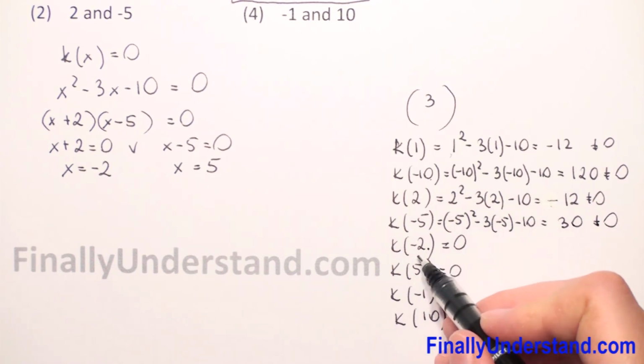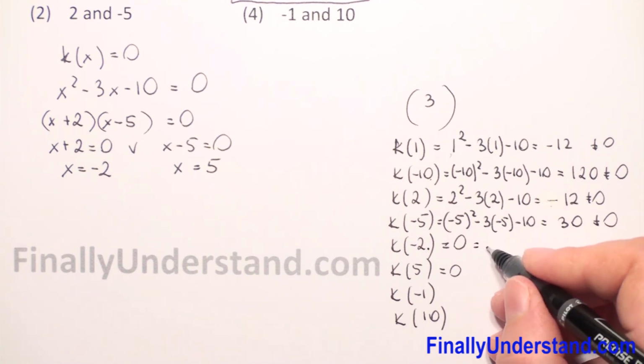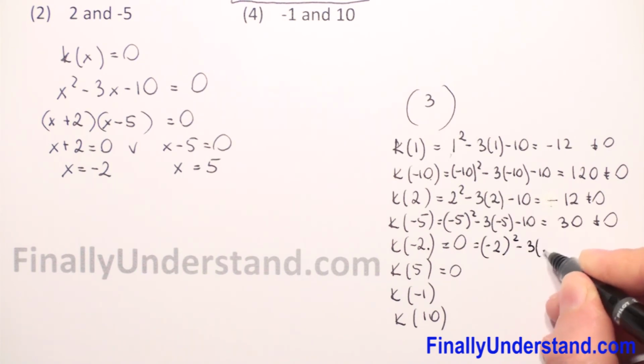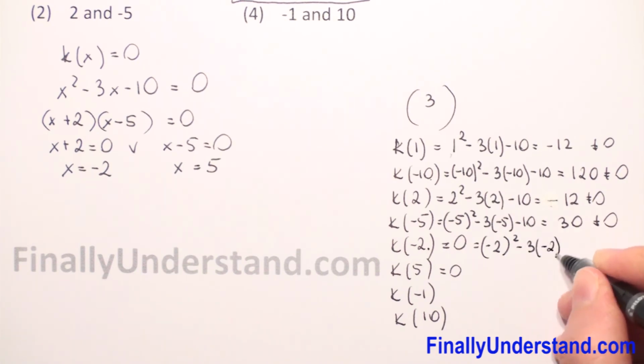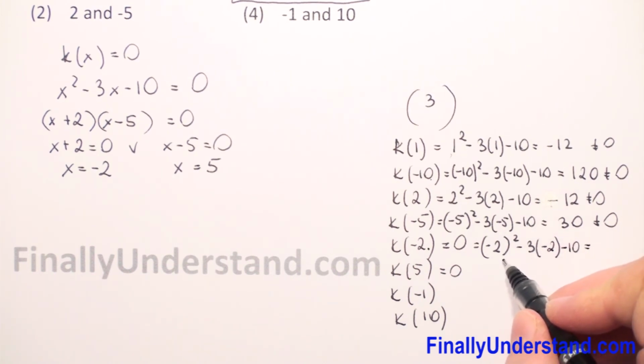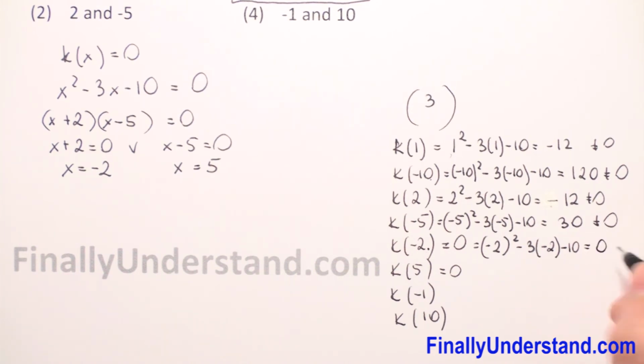different than 0. And now when you substitute x by negative 2, you will see that it will be 0. Let's see. Negative 2 to the second power minus 3 times negative 2 minus 10. So this is equal to, negative 2 to the second power is 4 plus 6 is 10. Minus 10 is 0.